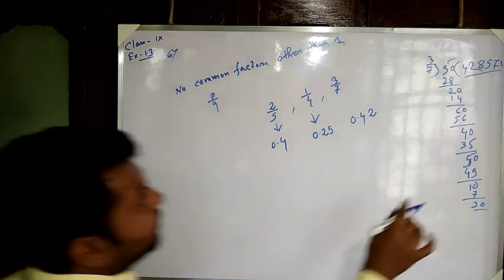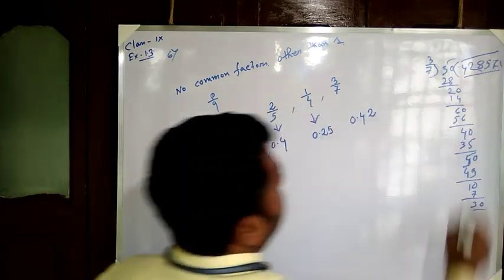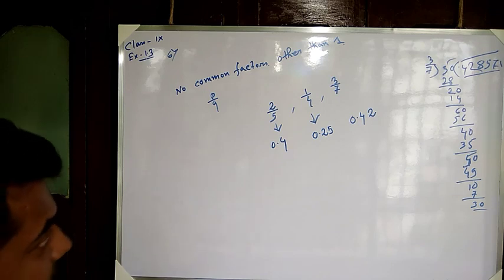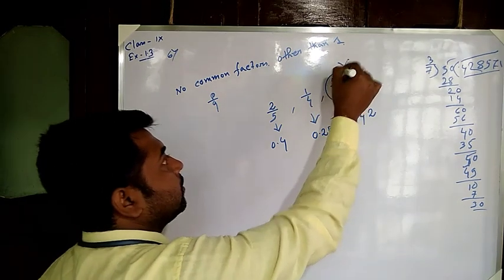So this one is the repeating block. 428571 is going to repeat here. So you can't take this value.